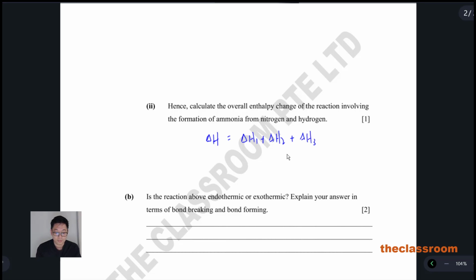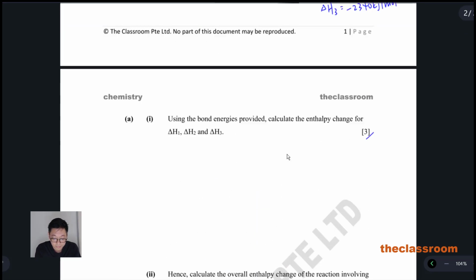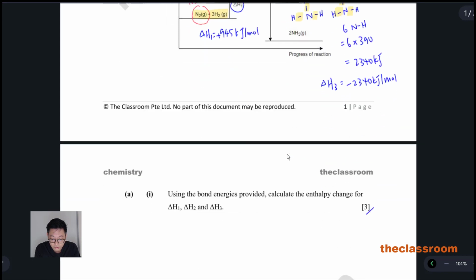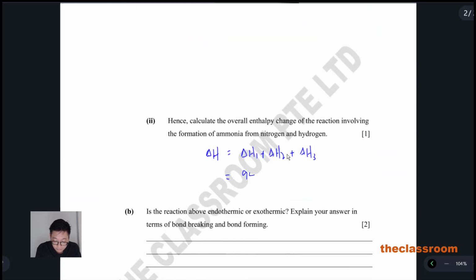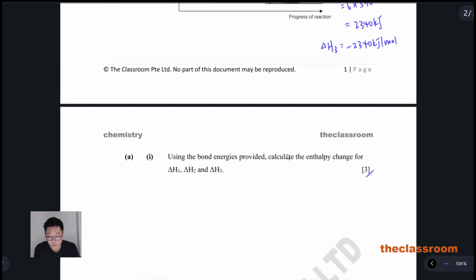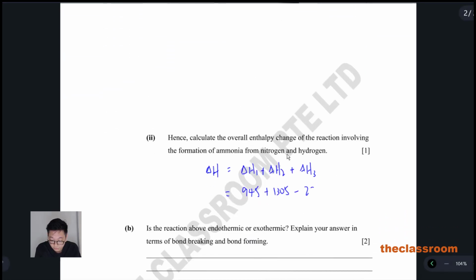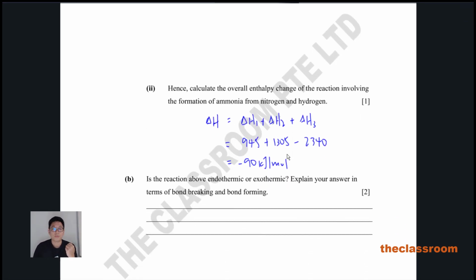So you have 945 plus 1305 minus away, because energy is released, 2340. This gives us negative 90 kilojoules per mole, and that is your overall enthalpy change. So that's part 2.